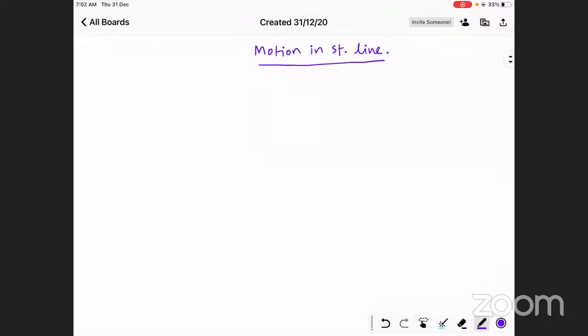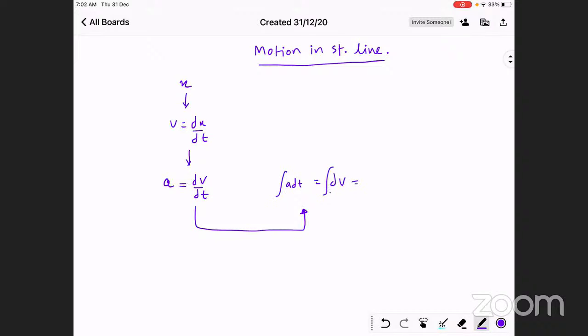Now, let's solve this question. So today we are learning the use of this. If we differentiate x, we get velocity. And if we differentiate velocity, we get acceleration. Now take dt to the other side, dv, now integrate both sides. u to v, so you get change in velocity.